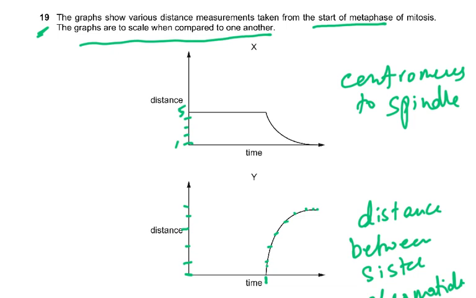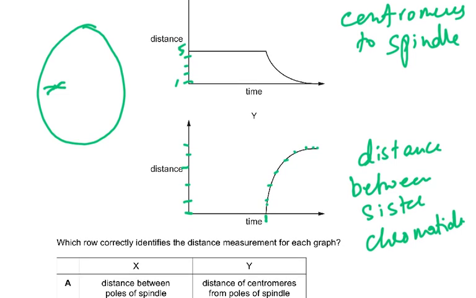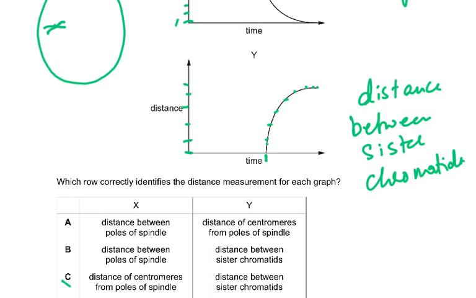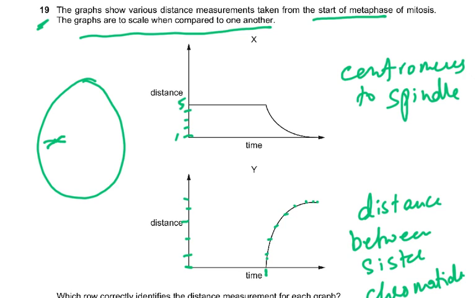Now, the distance of the centromeres to the spindle. So this is the cell. This is the chromosome. This is the centromere. What you've got to understand is how this is going to change. Now, the answer to this is C, distance of centromeres from the poles to the spindle.